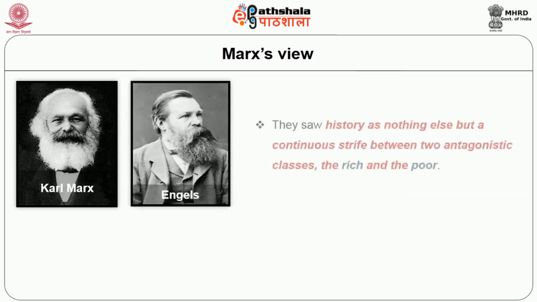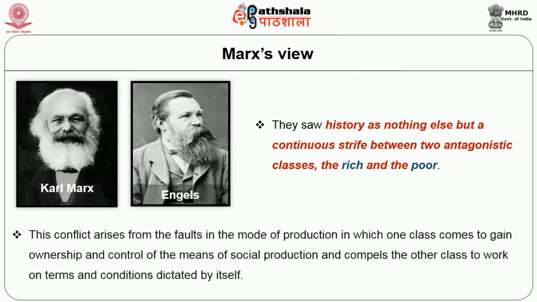Marx and Engels saw history as nothing else but a continuous strife between two antagonistic classes, the rich and the poor. This conflict arises from faults in the mode of production, in which one class comes to gain ownership and control over the means of social production and compels the other class to work on terms and conditions dictated by itself.